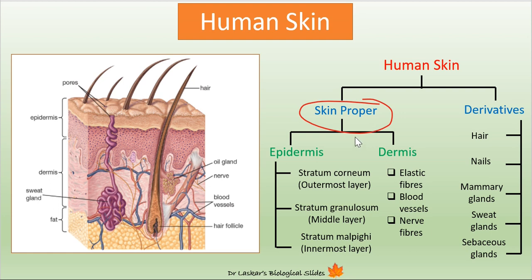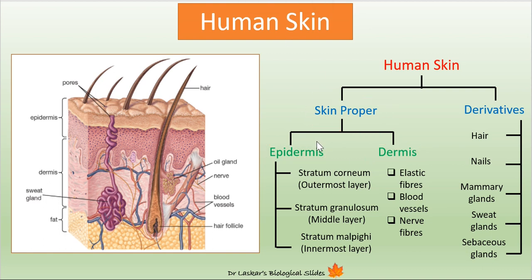The outer layer of the skin proper is known as epidermis, and the inner layer, which is a thick layer, is known as dermis. So skin proper has the outer thin layer epidermis and the inner thick layer dermis.